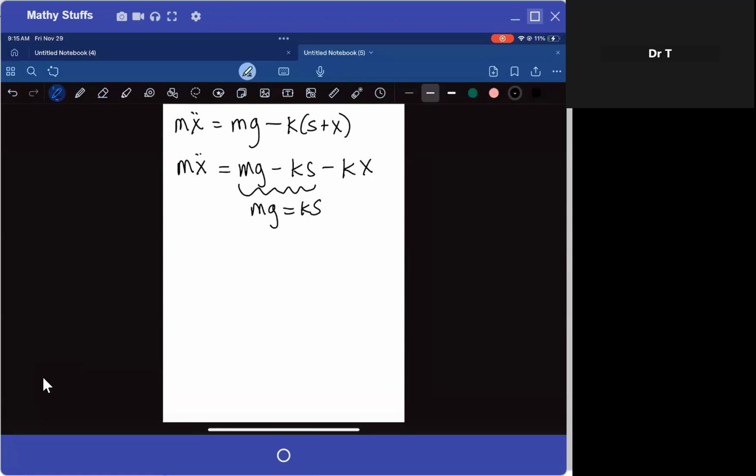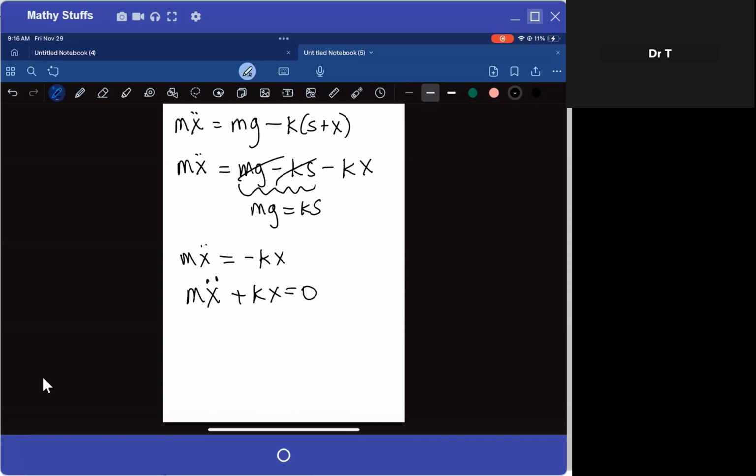Everything was in perfect equilibrium, perfect balance. So that means these two quantities cancel each other out, and I've got mx double dot equals negative kx, and usually we pull everything to one side, and so I've got mx double dot plus kx equals 0. And now we see our first second order differential equation.